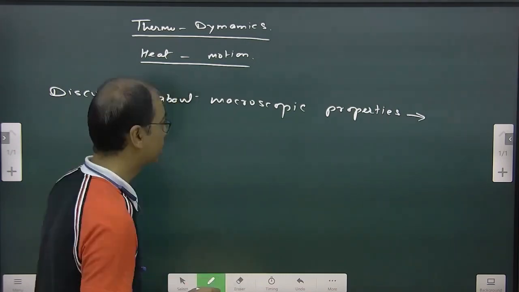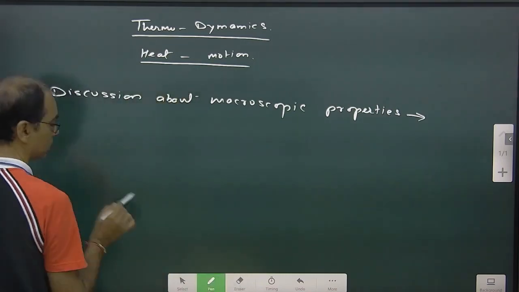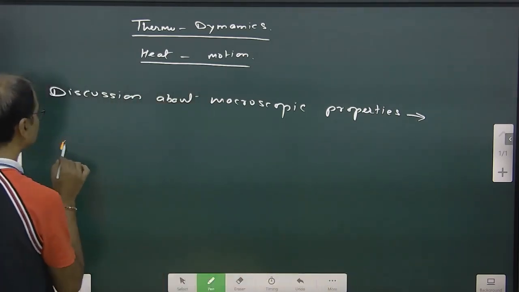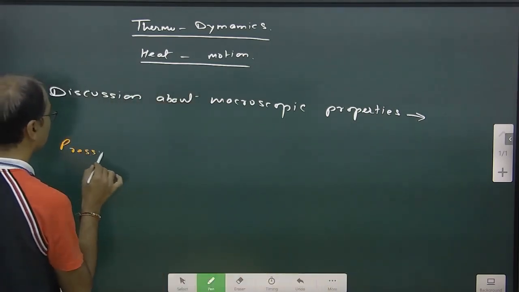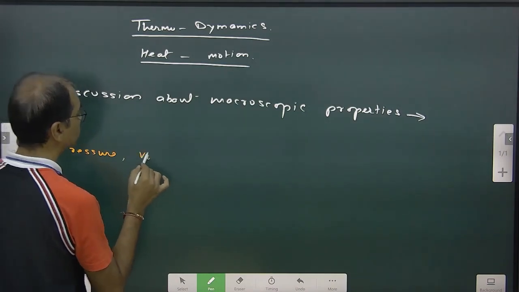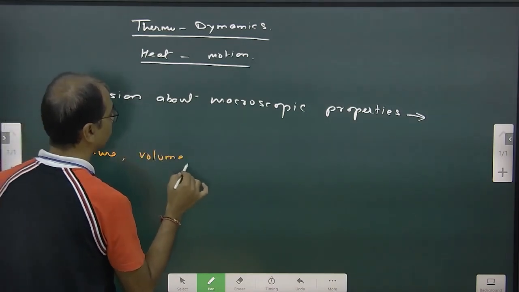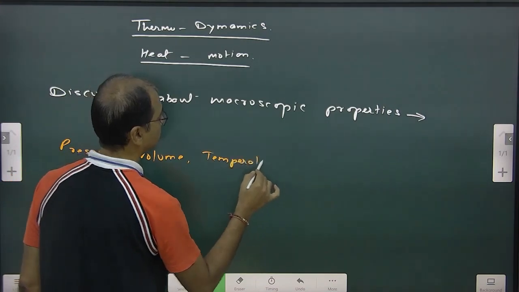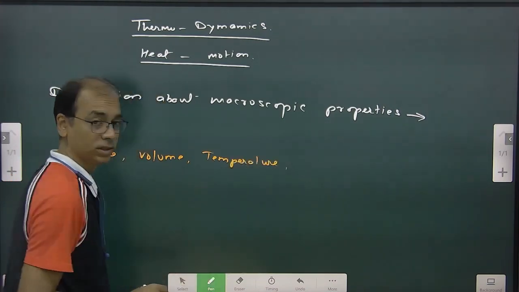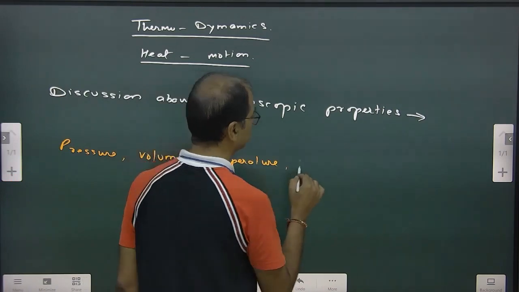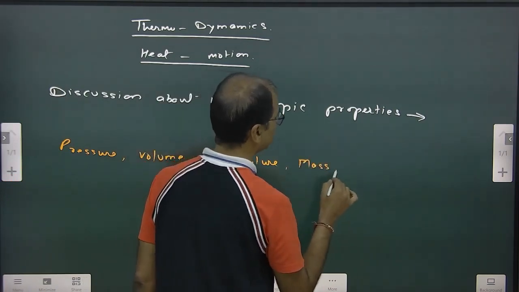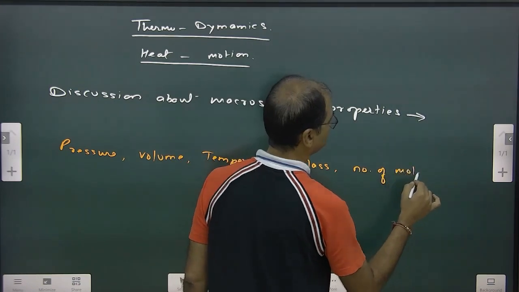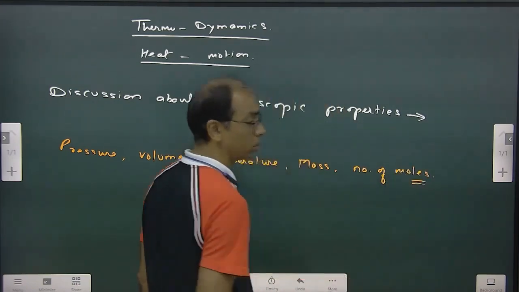Macroscopic properties means we are going to discuss pressure, volume, temperature, mass, and number of moles. So these are macroscopic properties.